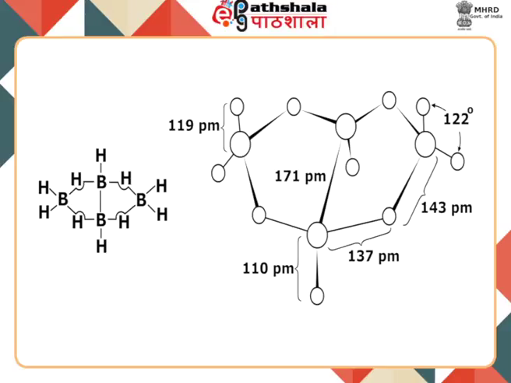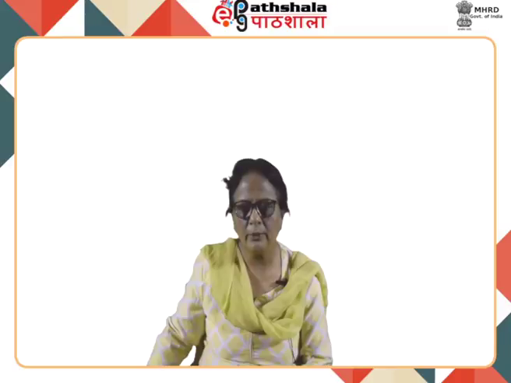Hence, out of the 12 valence electrons of the 4 boron atoms, 4 electrons are used in forming 4 BHB bridge bonds, 2 electrons are used up in 1 BB bond and the remaining 6 electrons are used in the 6 terminal BH bonds.